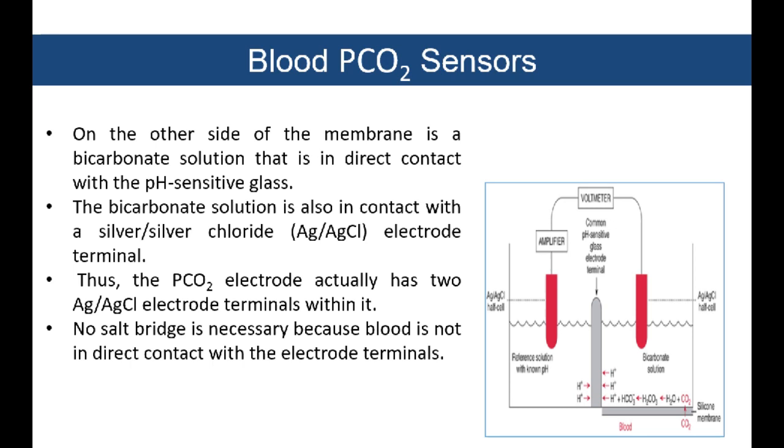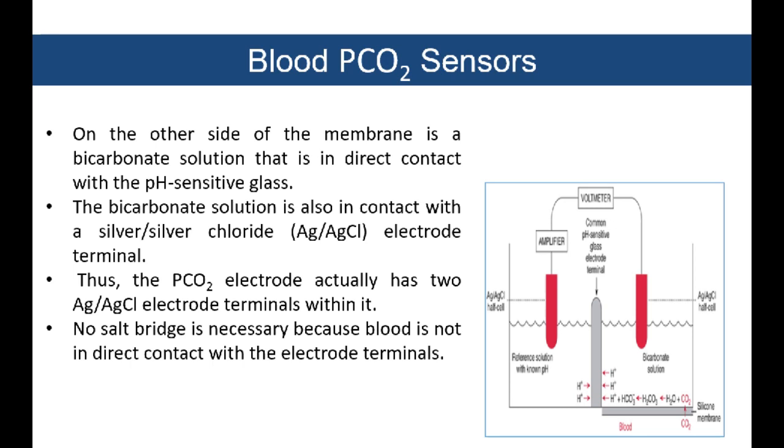We again have the AgCl half cell reference solution with known pH on the left side, on the right side the bicarbonate solution, and in the middle we have the common pH sensitive glass electrode terminal.